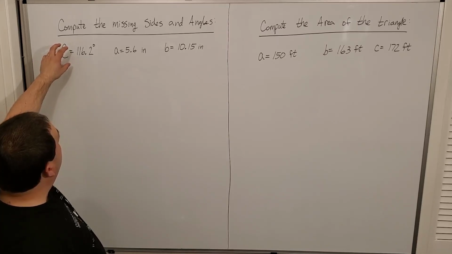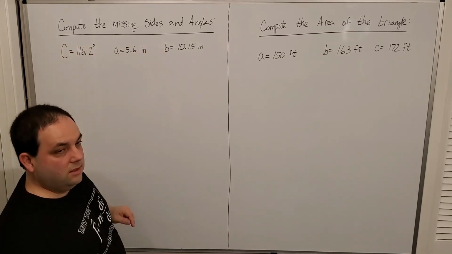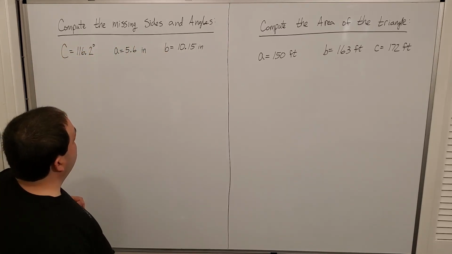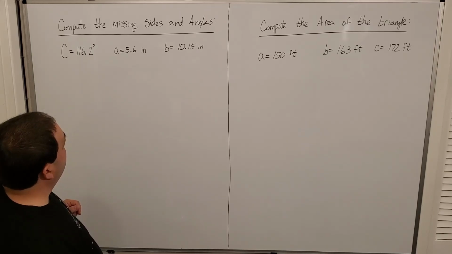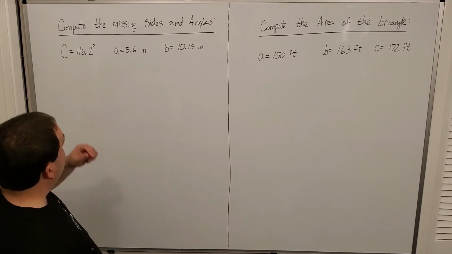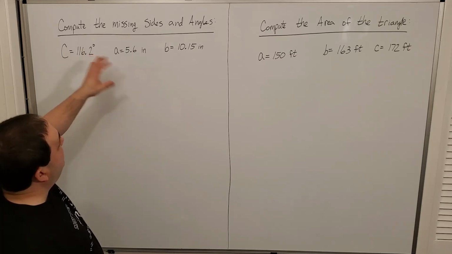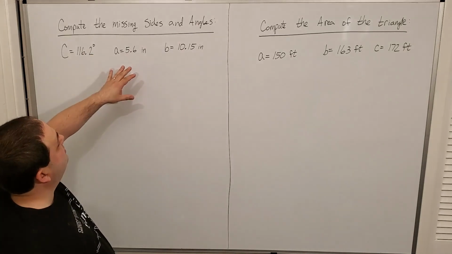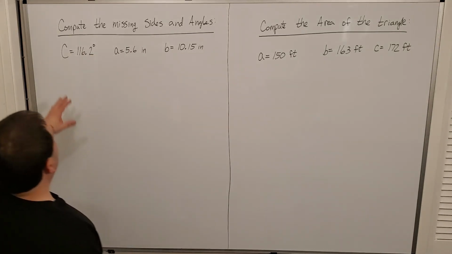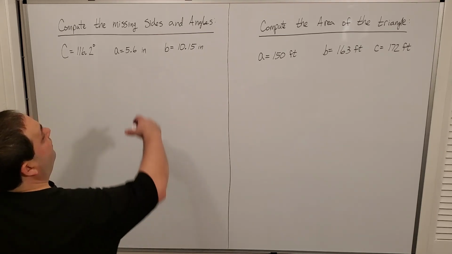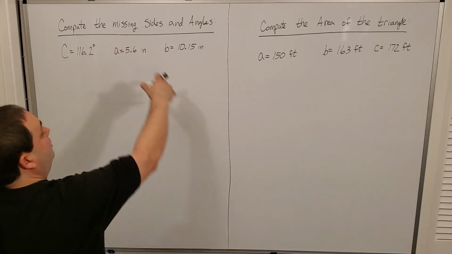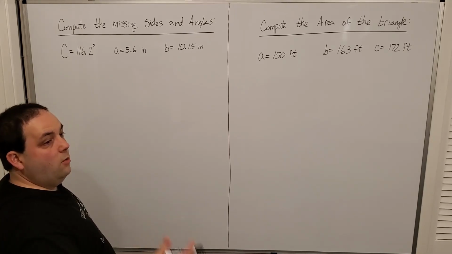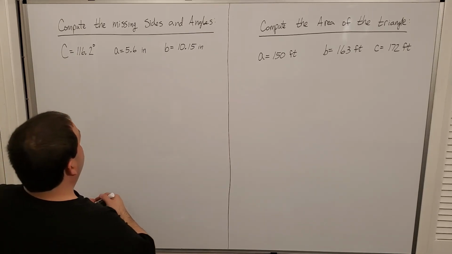Big C is going to be the angle in between little a and little b, as traditional with the way those letters are set up. So I don't have any way of getting any pairs for using law of sines. So then I'm going to start by finding the little side c. Then that would give me a completed pair.